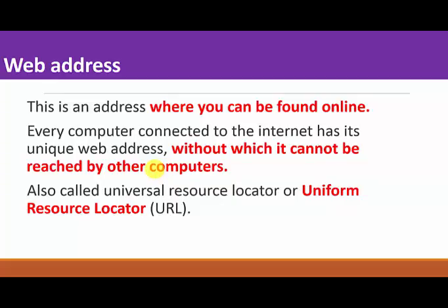So you need to tell me what the address is. Every computer that is connected to the internet must have that kind of unique address. If I don't know your address, I cannot reach you, and you cannot reach me. The web address is also called the Uniform Resource Locator, URL. If you want to brag, you can say, what's your URL? And the person says, oh my, this person's a big computer person.